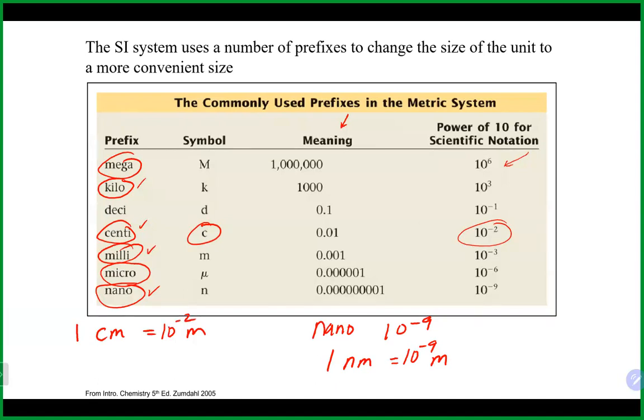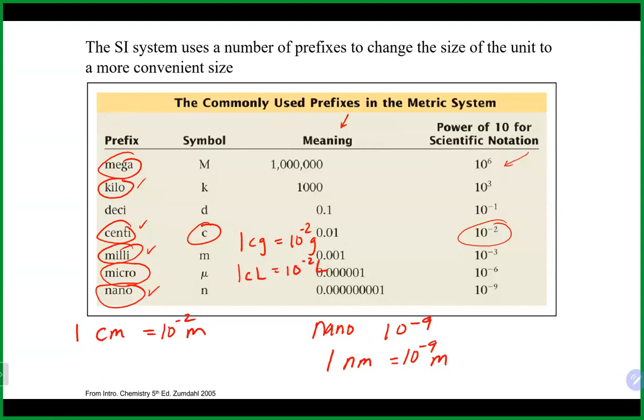It doesn't matter the base unit. If I had 1 centigram, that would be how many grams? 10 to the minus 2 grams, right? It doesn't really matter the base unit. The prefix works the same for all of them. Just like if I had 1 centiliter, that would be 10 to the minus 2 liters. So it works the same no matter what your unit is.